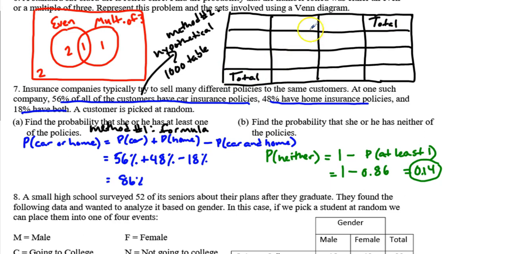Then we need the two events. The first event was car policies. You've got car policy, no car policy. Home policy, no home policy.